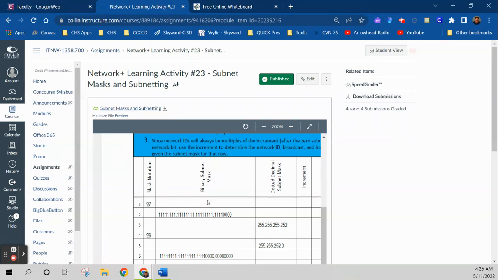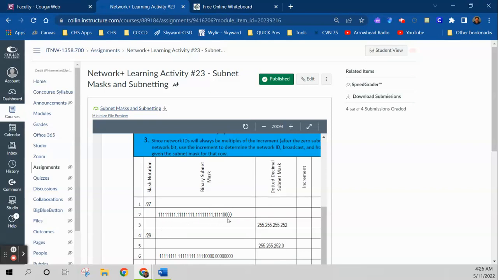Then I'm going to look at binary, which I kind of explained when I was doing slash notation. Binary is basically a way of showing how many bits we're borrowing, or how many are actually being used in the subnet mask. And then, of course, the dot decimal subnet mask is the equivalent in decimal to whatever your binary subnet mask is.